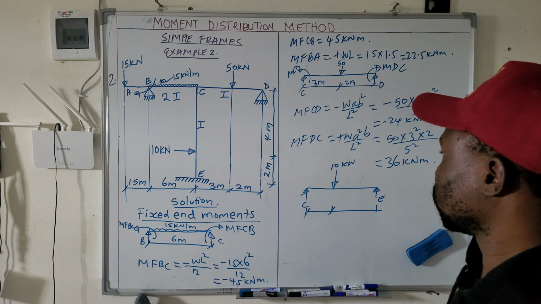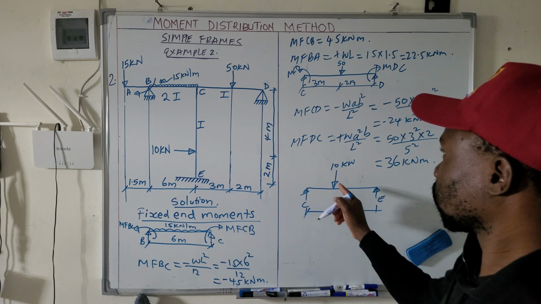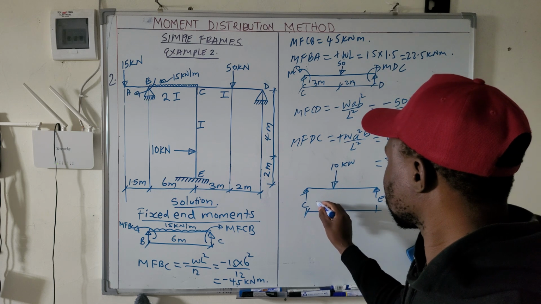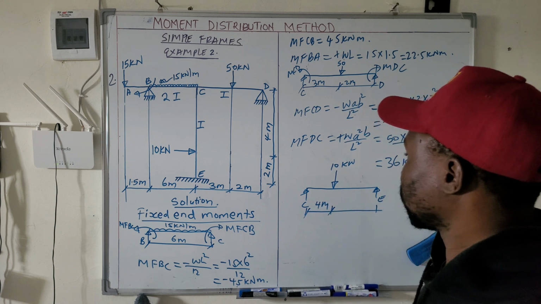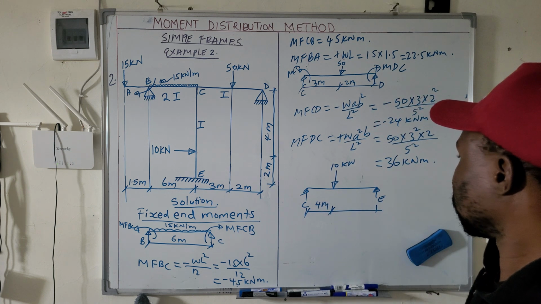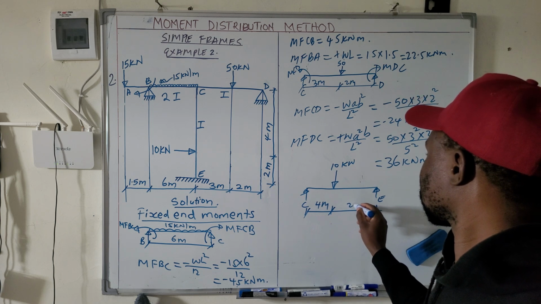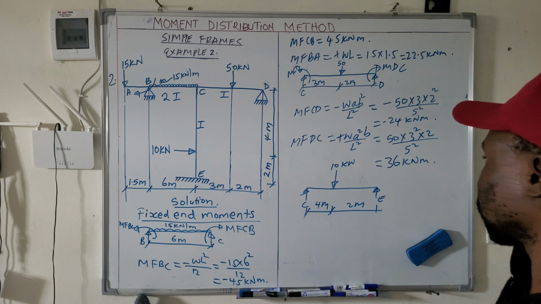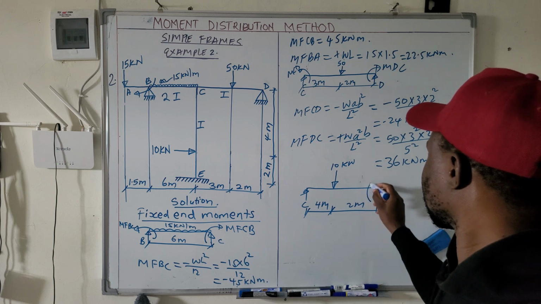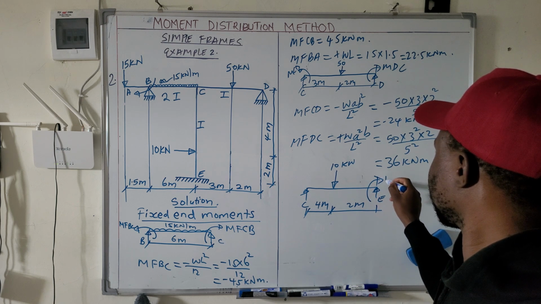From C to the 10 kilonewton is 4 meters, and from E to the 10 kilonewton is 2 meters, like that. So here we'll have MEC, and here MCE.